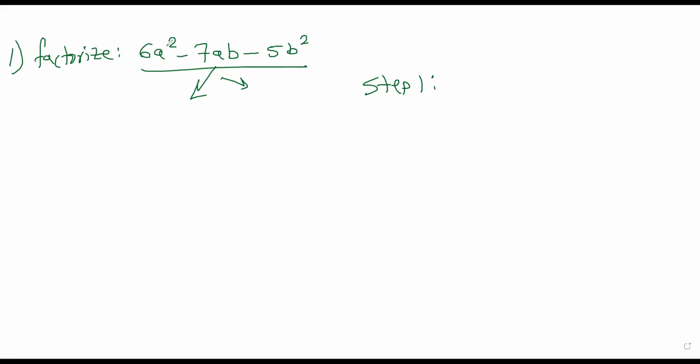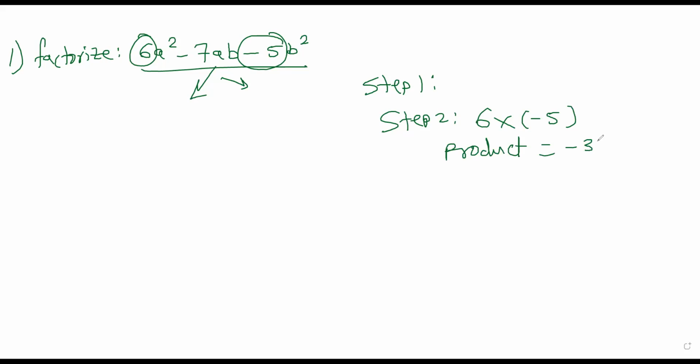Now in step 2, you have to take the product of these two numbers. Product of the first and last term. What is the coefficient of a square? 6. What is the coefficient of b square? -5. What is their product? -30.